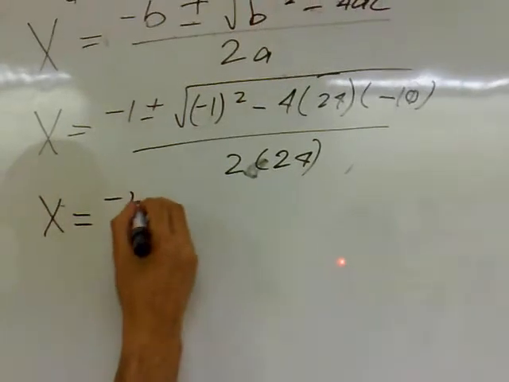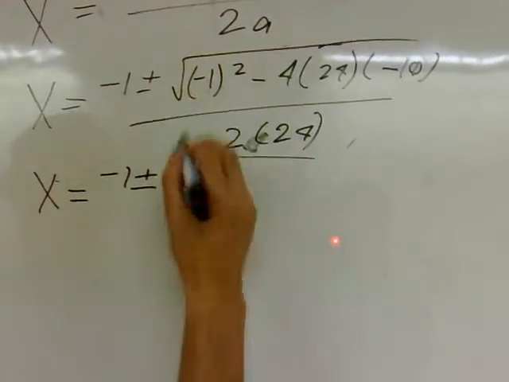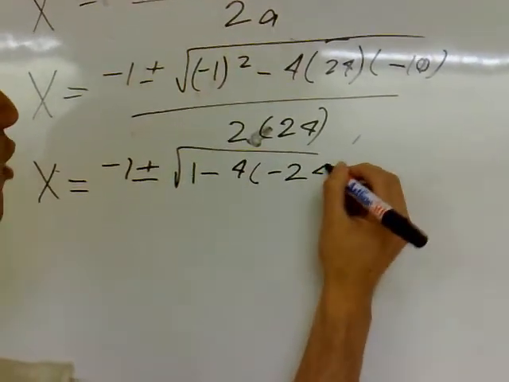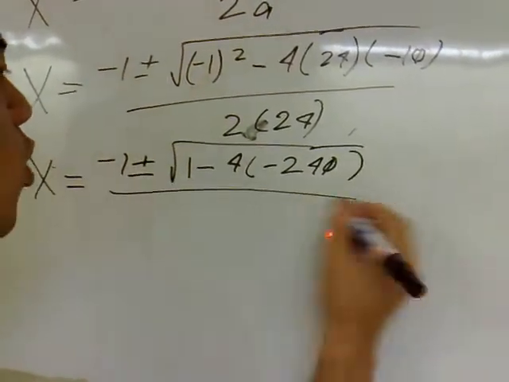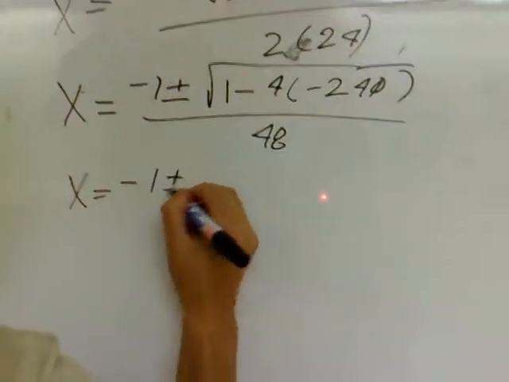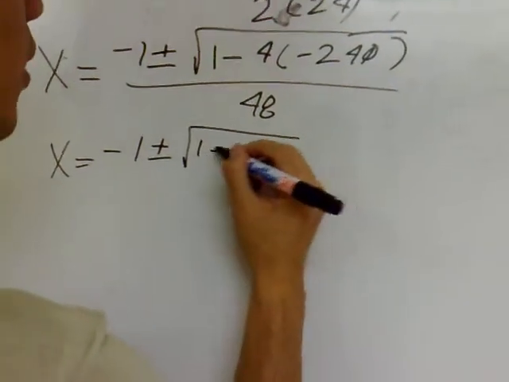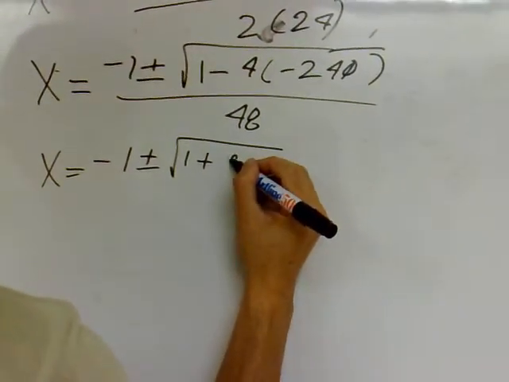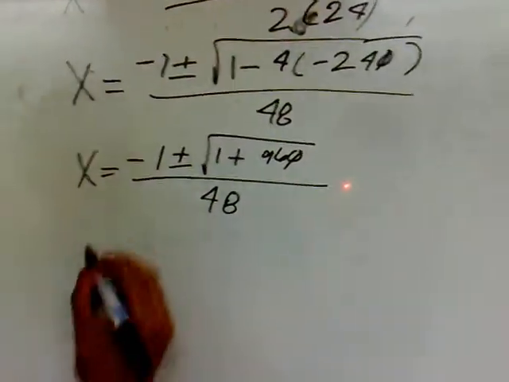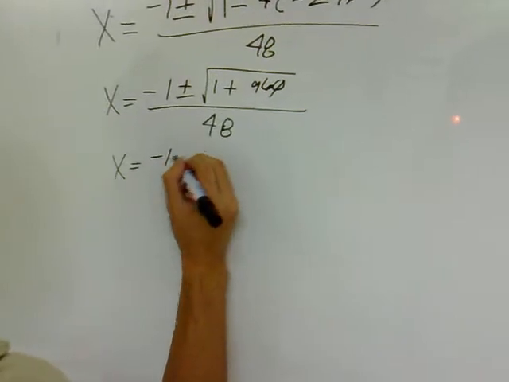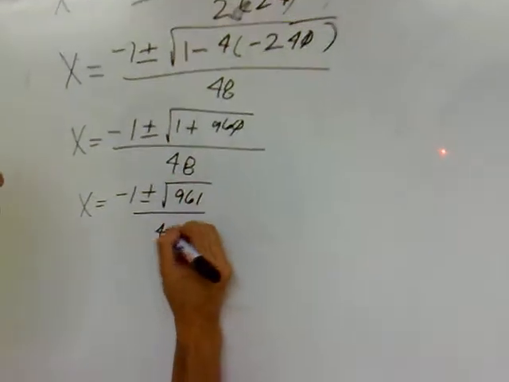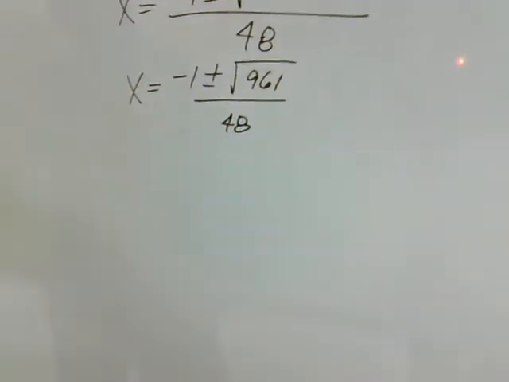Next step, negative 1 plus or minus the square root of 1 minus 4 times negative 240 all over 48. And I get x equals negative 1 plus or minus the square root of 1 plus 960 all over 48. And I have x equals negative 1 plus or minus the square root of 961 all over 48.